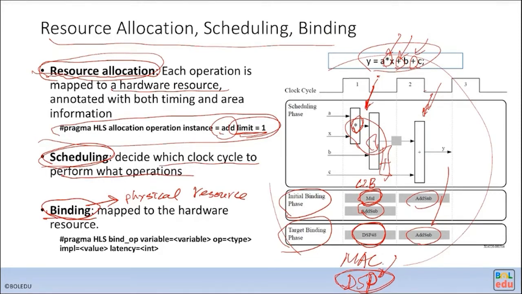So that's the so-called data path compiler. And it's basically the core of high-level synthesis. High-level synthesis is really good at handling this data path compiler.